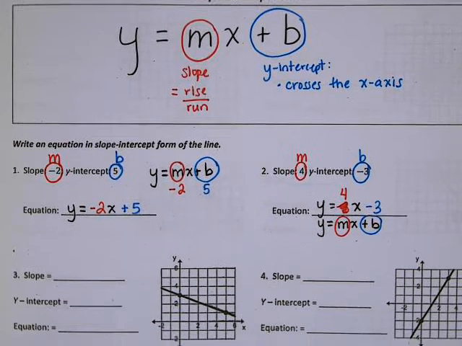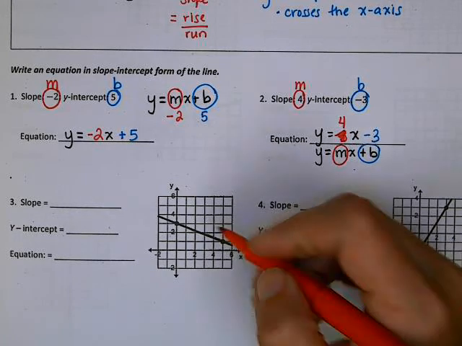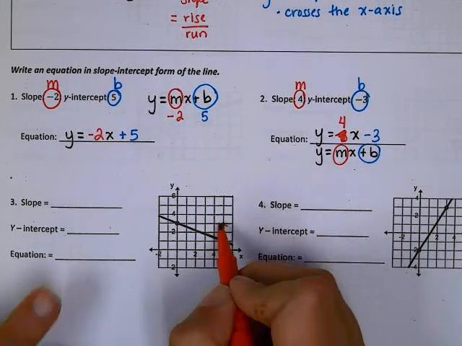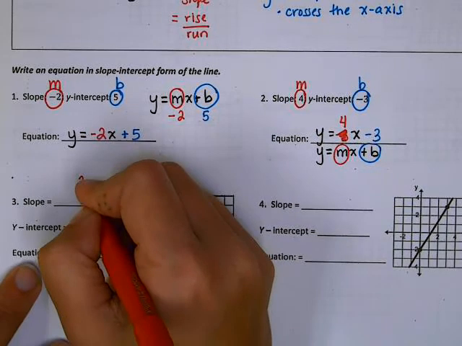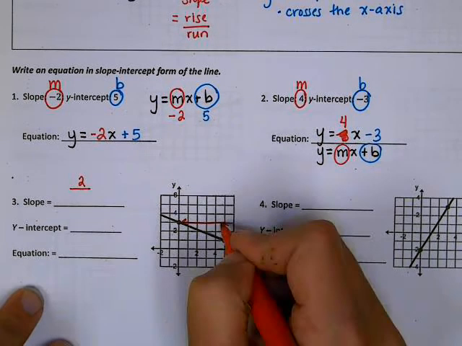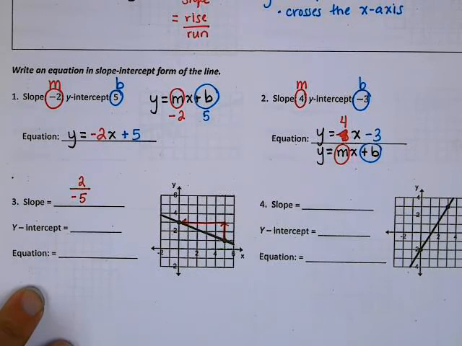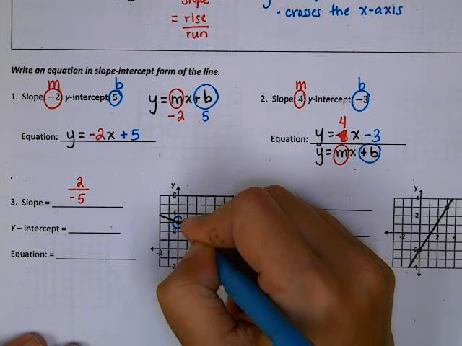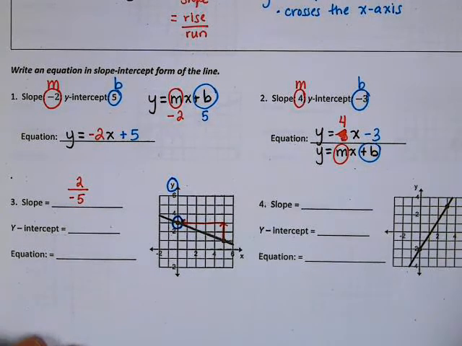Now another situation you could have would be that you would be given a graph. So if I'm given a graph and I want to find the slope, I'm going to look at the rise over the run. Now in this problem, the rise is 2 and the run is -5 because I'm going to the left. The y-intercept is the point on the graph where it crosses the y-axis.